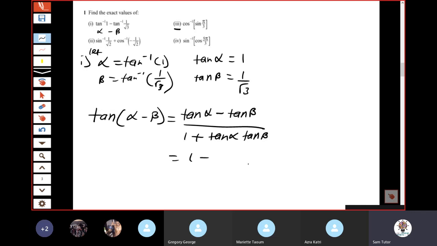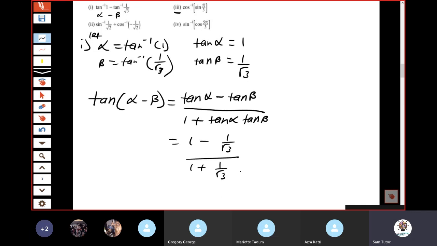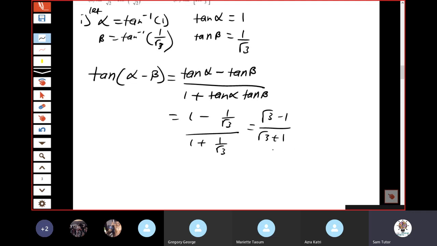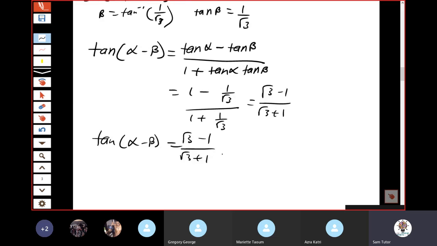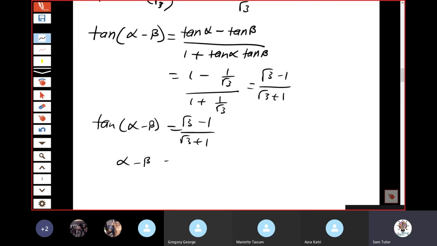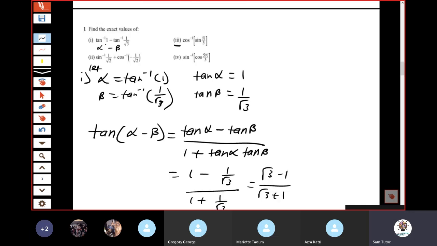It's 1 minus 1 on root 3, on 1 plus 1 on root 3. Simplify this and it becomes root 3 minus 1 on root 3 plus 1. Then I'm just trying to work out what alpha minus beta is. So if I know tan of alpha minus beta is root 3 minus 1 on root 3 plus 1, you can inverse tan this side to get the answer that we would have got if we had just plugged all this into our calculator in the first place.